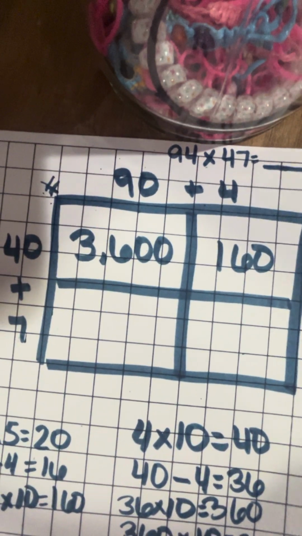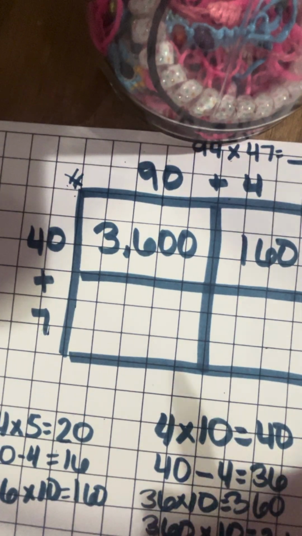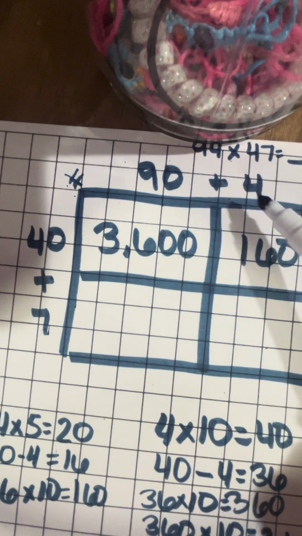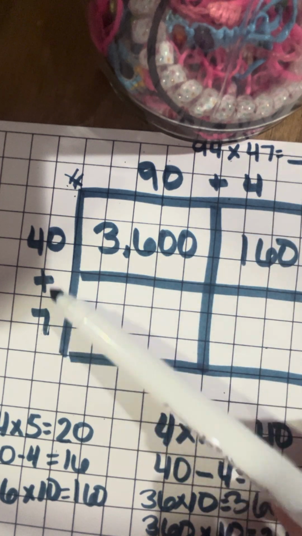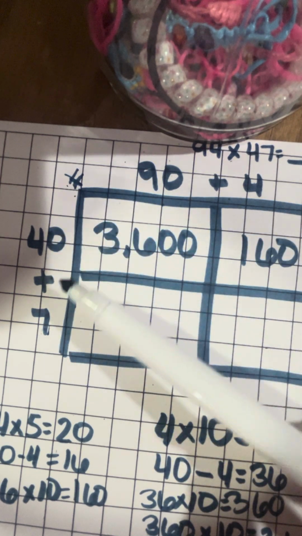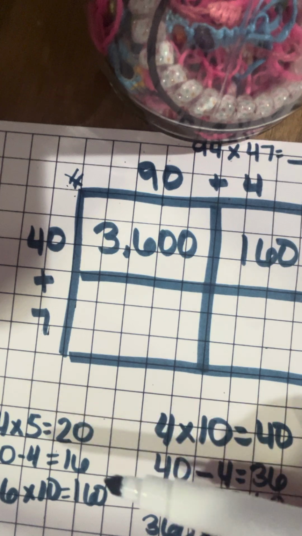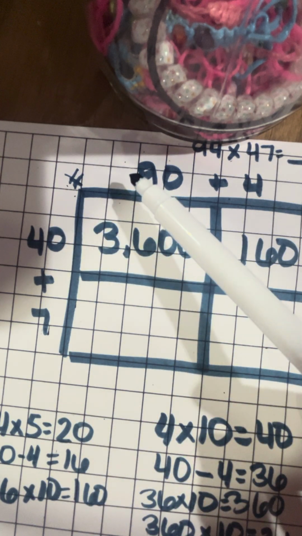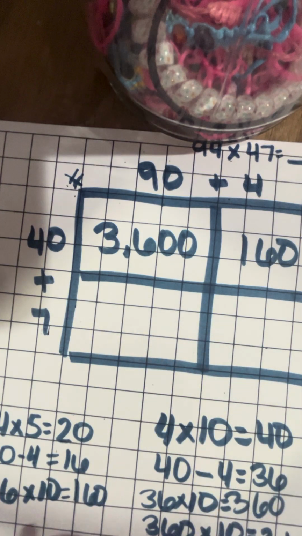All right, now I need to move on to distributing my 7 to the top row of my model. So 7 times 90. I need to find a fact that I know because I don't know 7 times 90.